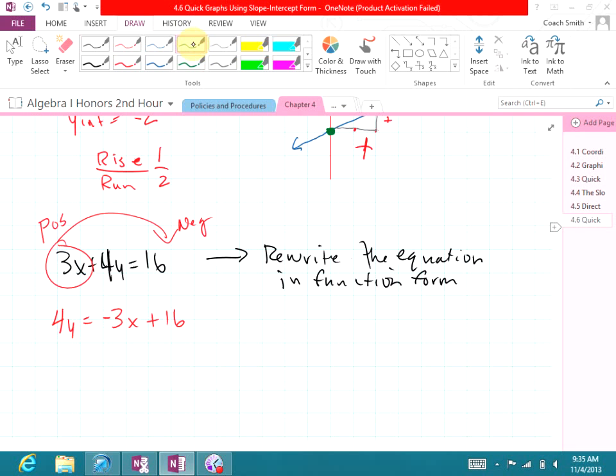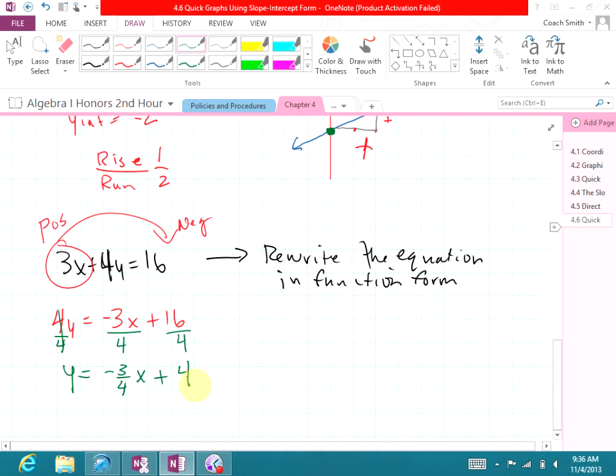Okay, next thing we must do is to get rid of the 4 in front of the y. To do that, we must divide all terms by the 4. Cancels here, and that leaves me with y equals negative 3/4 x plus 4.